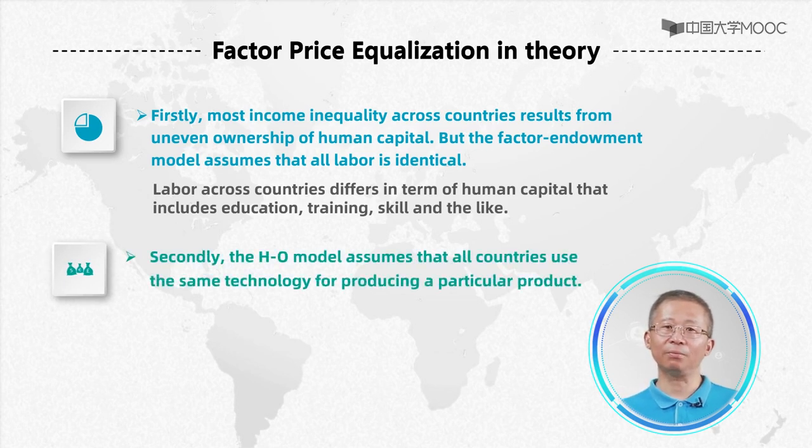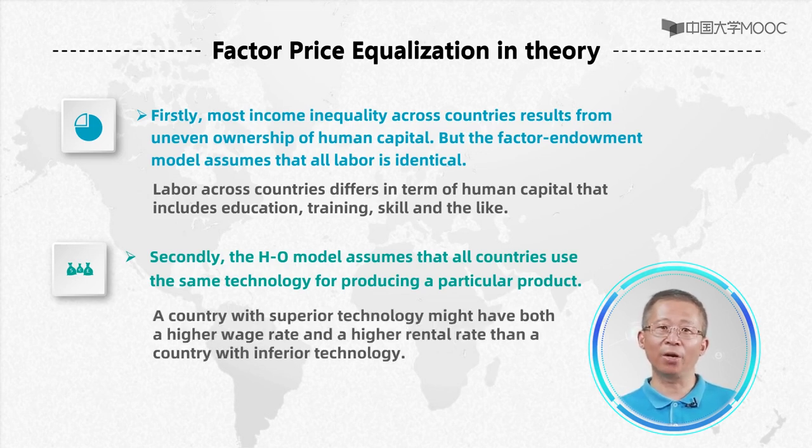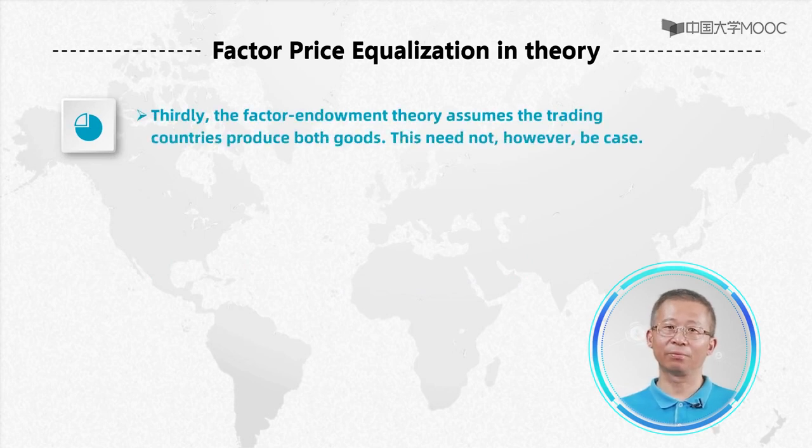Secondly, the factor endowment model assumes that all countries use the same technology for producing a particular product. A country with superior technology might have both a higher wage rate and a higher rental rate than a country with an inferior technology. Thirdly, the factor endowment theory assumes the trading countries produce both goods.